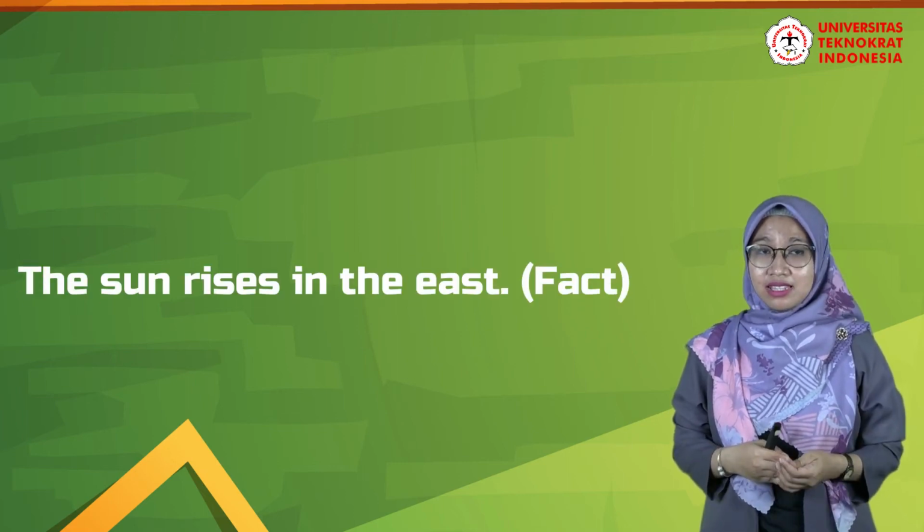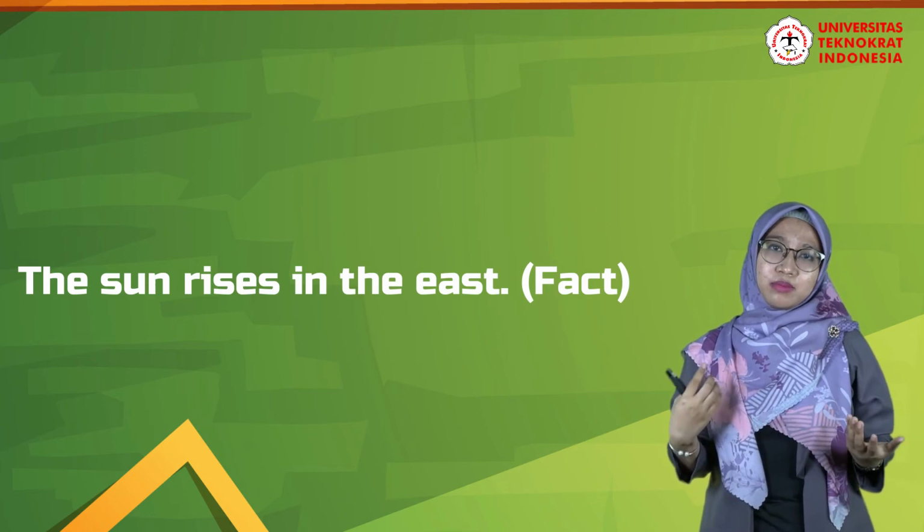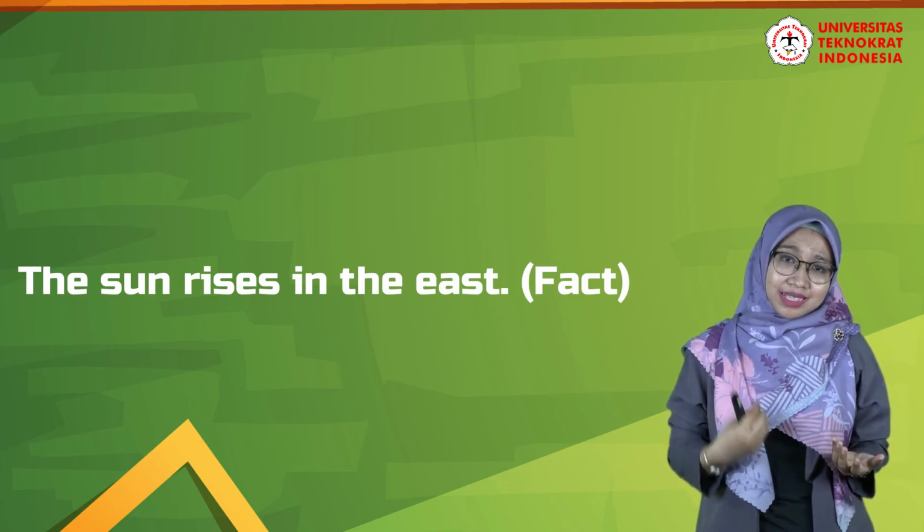For example, the sun rises in the east. When I say the sun rises in the east, I believe that you refer to the same sun I'm talking about, right? Because we just have one sun. So that's the sun I'm talking about, and also the sun that you're talking about. That is the case if there is only one thing in this world.